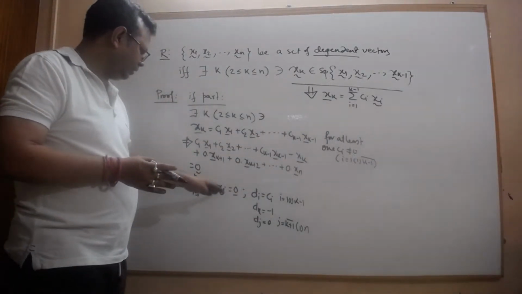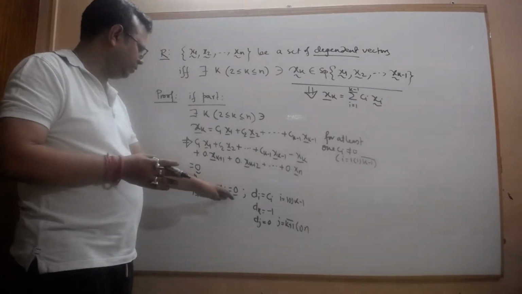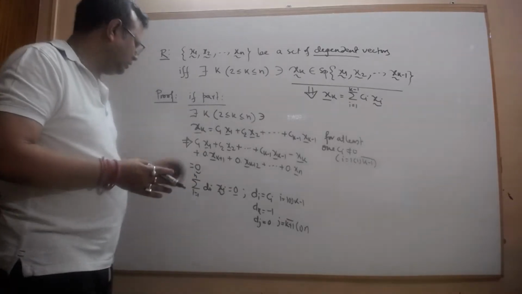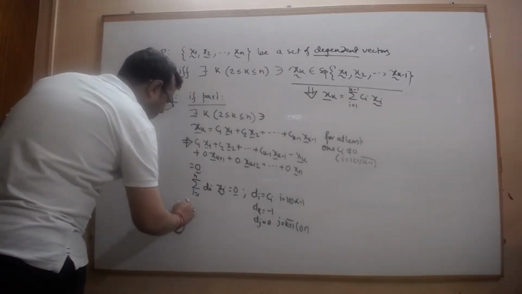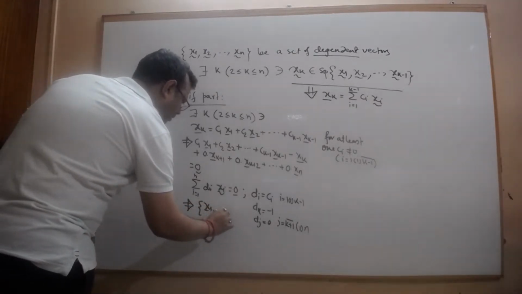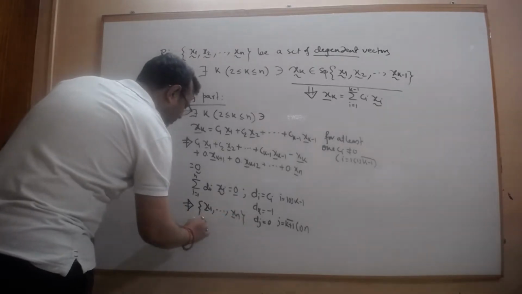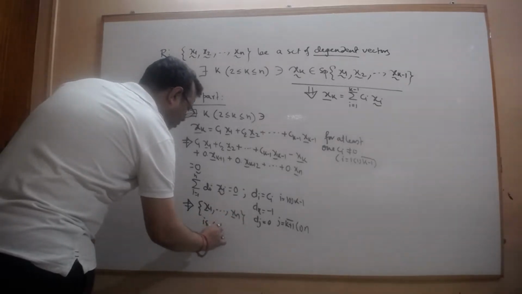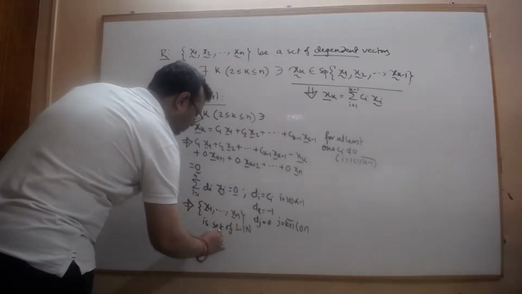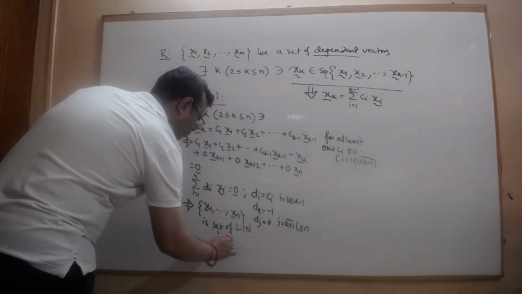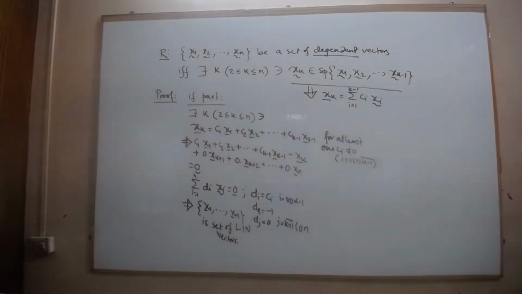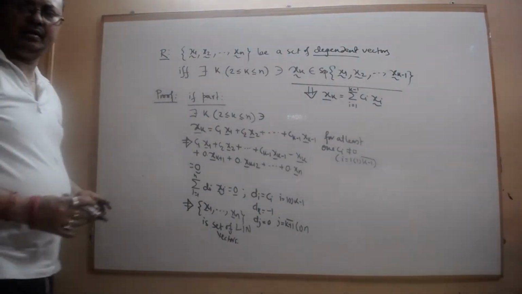So this means this thing is satisfied when some di is non-zero. This implies x1 to xn is a set of linearly dependent vectors.